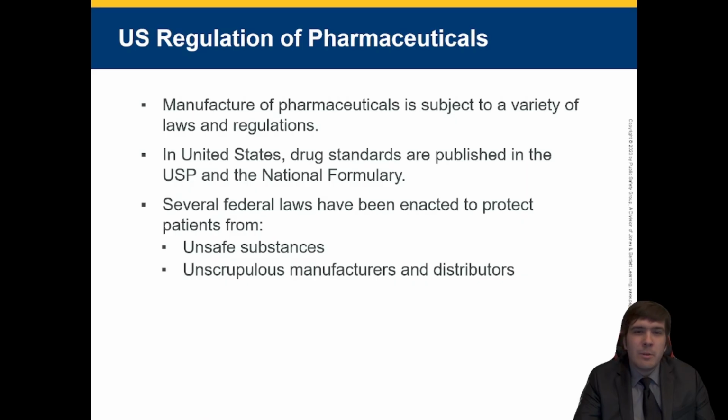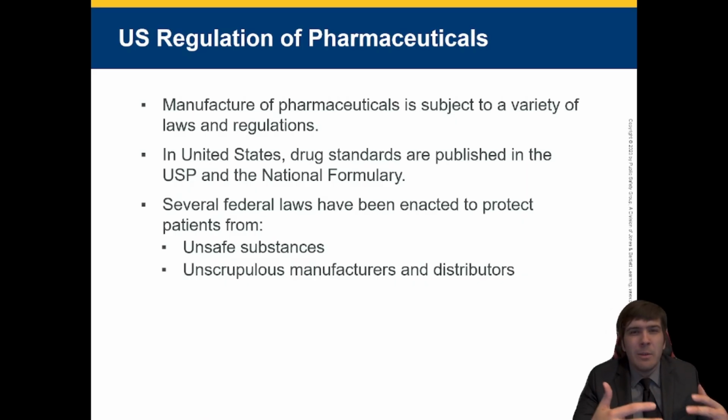U.S. regulations of pharmaceuticals. The manufacture of pharmaceuticals in the United States is subject to a variety of laws and regulations. Imagine that. In the United States, drug standards are published in the USP and the National Formulary. The National Formulary is a curated list of prescription medications, and it ties in with the USP.